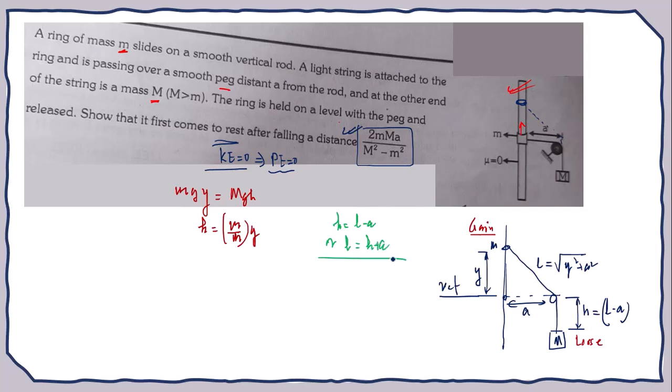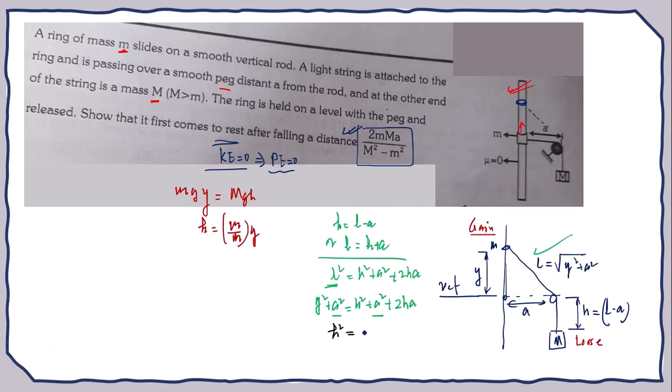Now squaring both sides, L square equals h square plus a square plus 2 times h into a. Now L square equals the square root of y square plus a square, whole squared, so that means y square plus a square equals h square plus a square plus 2 times h into a. So a square will cancel out, and ultimately we are left with h square.